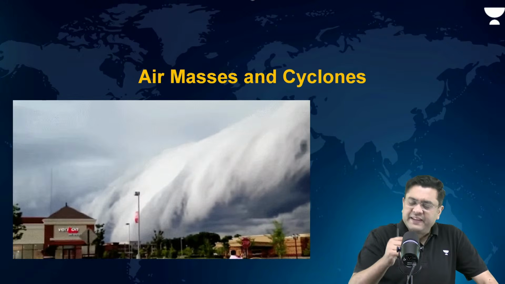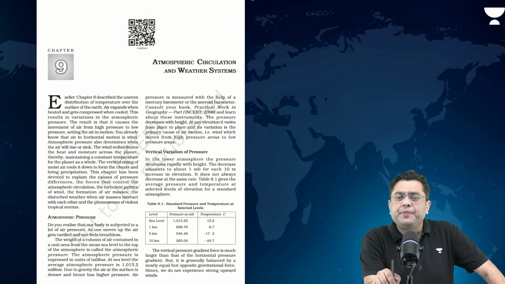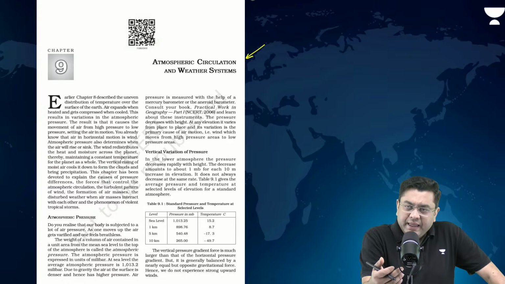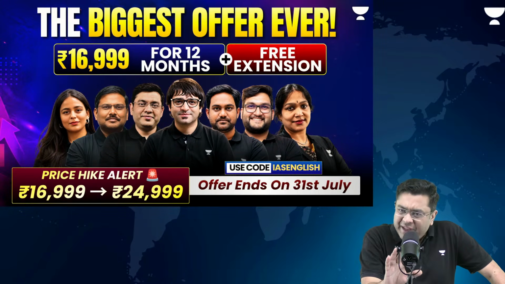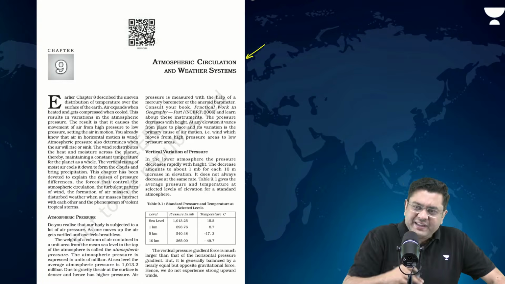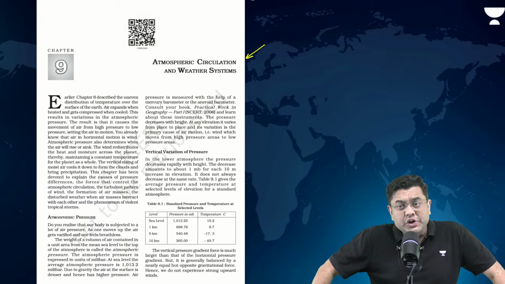Now, this is a portion which basically is chapter 9 of your NCERT. Now, this is in the same chapter, that is atmospheric circulation and weather systems. In the later portion, you have the case of this cyclonic circulation and air masses.